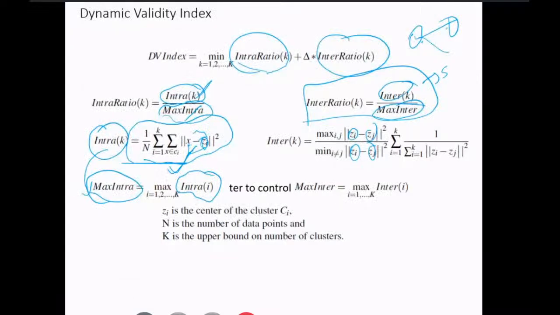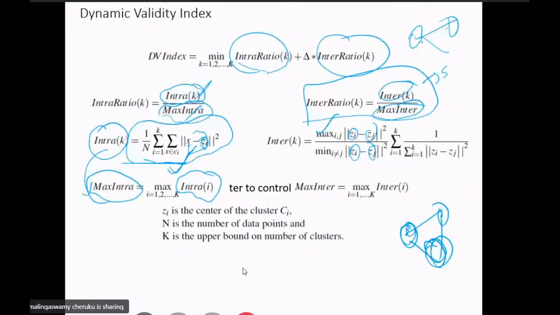They find the maximum among all these terms: among all the pairs of centroids, which two clusters are well separated, having the maximum distance, and that distance is divided by the remaining distances between all the clusters.